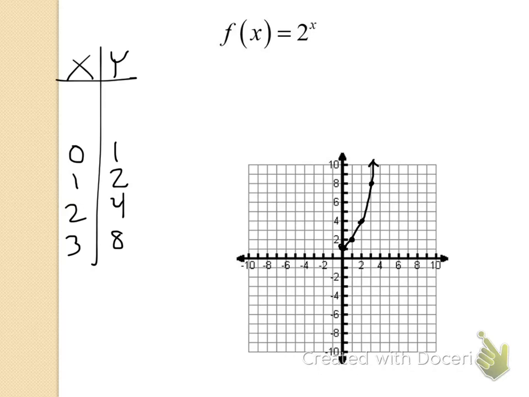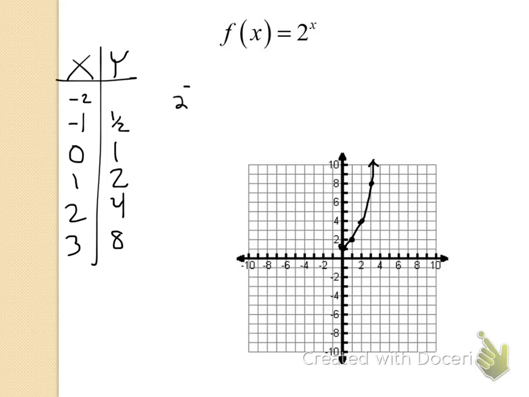So if I plugged in -1, what's 2 raised to the -1? 1/2, right? Don't we flip? So that becomes 1/2. What's 2 raised to the -2? Here, I'll write it out just so you can see it.